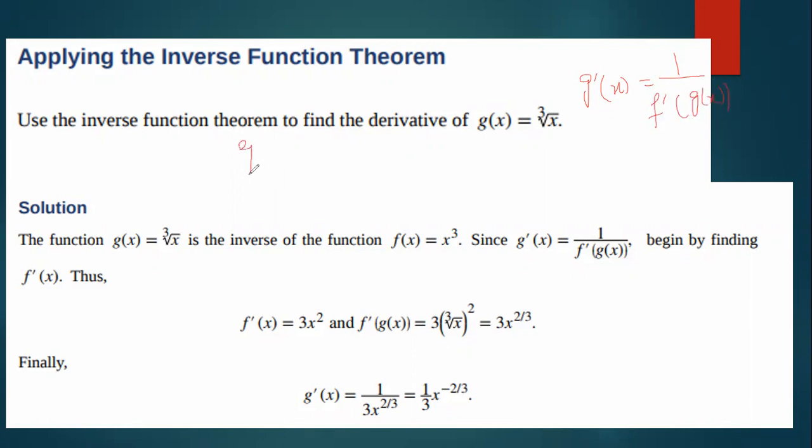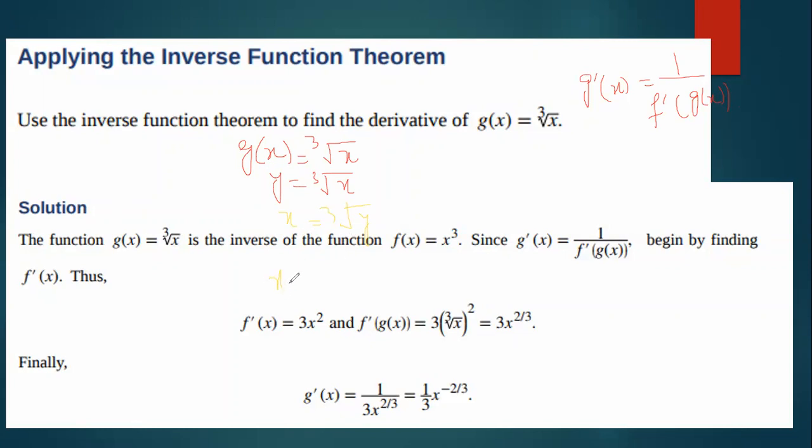As the g of x given is under root x power 3, this means that y equals to under root x power 3. To find the inverse, I have to replace it. So x will be replaced by this, taking the cube root on both sides.